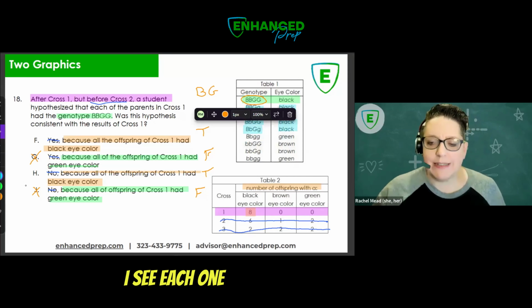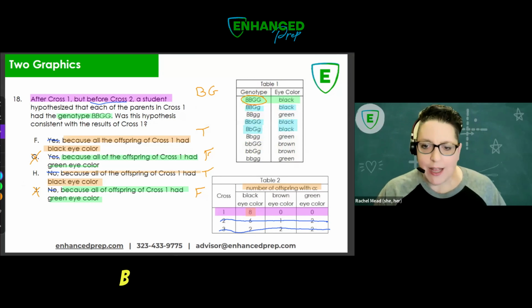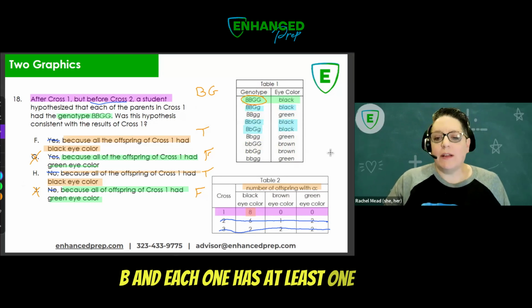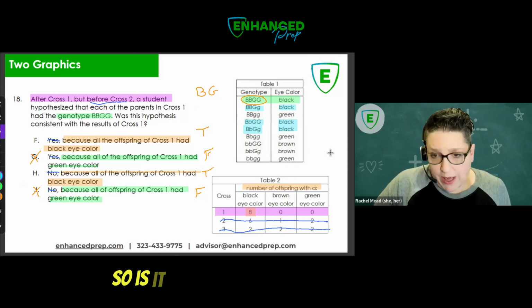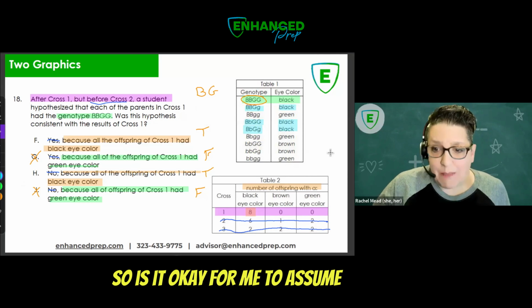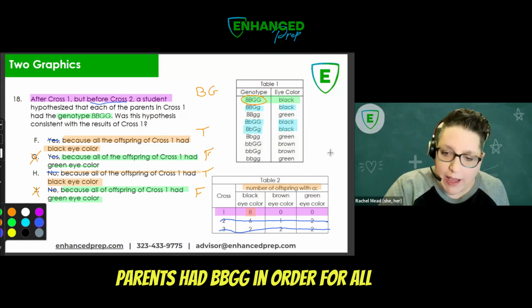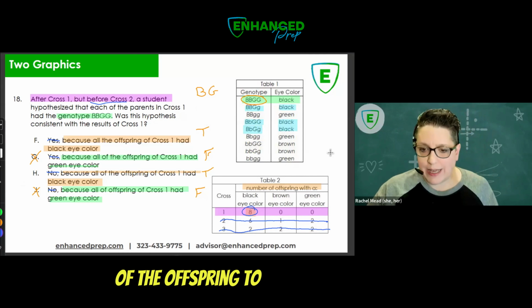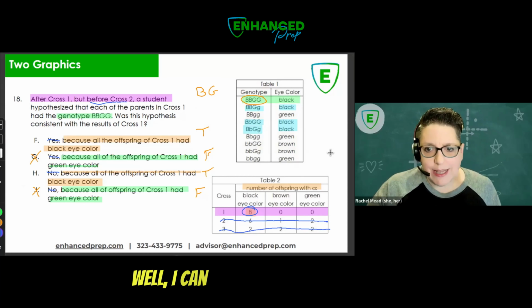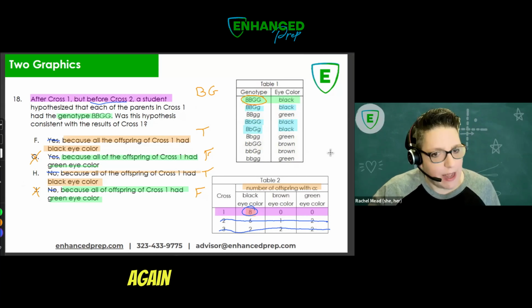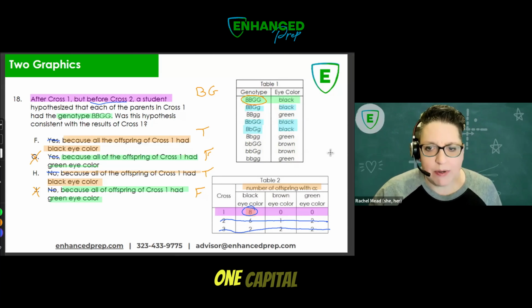I see each one has at least one capital B and each one has at least one capital G. So is it okay for me to assume that both parents had BBGG in order for all 8 of the offspring to get black eye color?